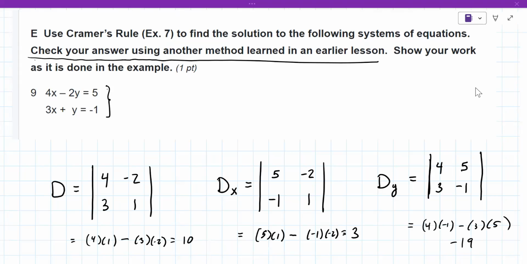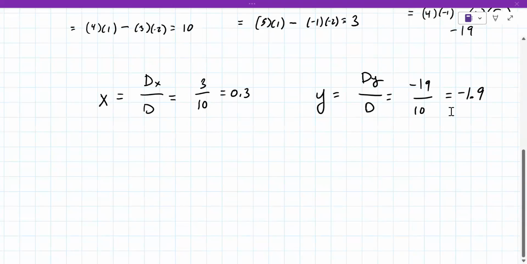Yeah, it passes through 0.3 and negative 1.9. Good, so there's your solution.